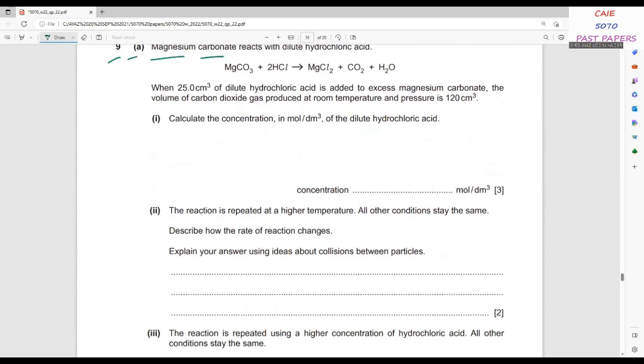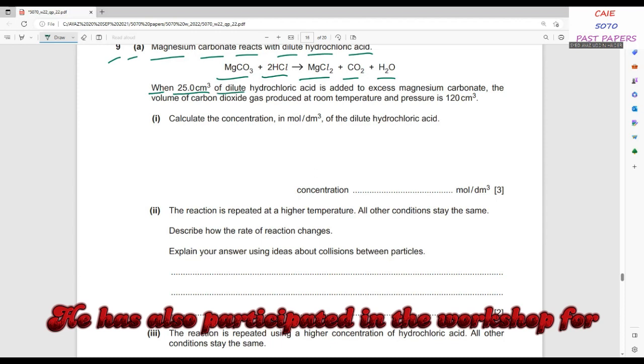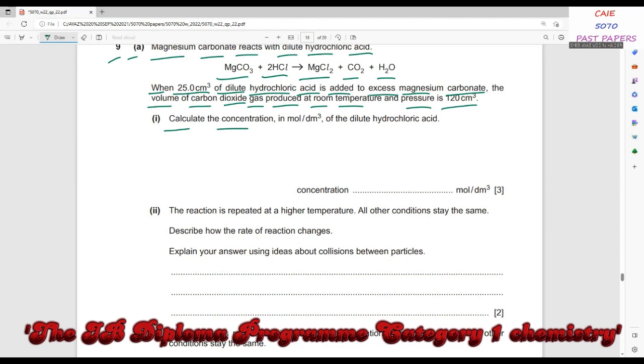9A. Magnesium carbonate reacts with dilute hydrochloric acid. MgCO3 plus 2HCl gives MgCl2 plus CO2 plus H2O. When 25 cm3 of dilute hydrochloric acid is added to excess magnesium carbonate, the volume of carbon dioxide gas produced at room temperature and pressure is 120 cm3. Calculate the concentration in mol per dm3 of the dilute hydrochloric acid.